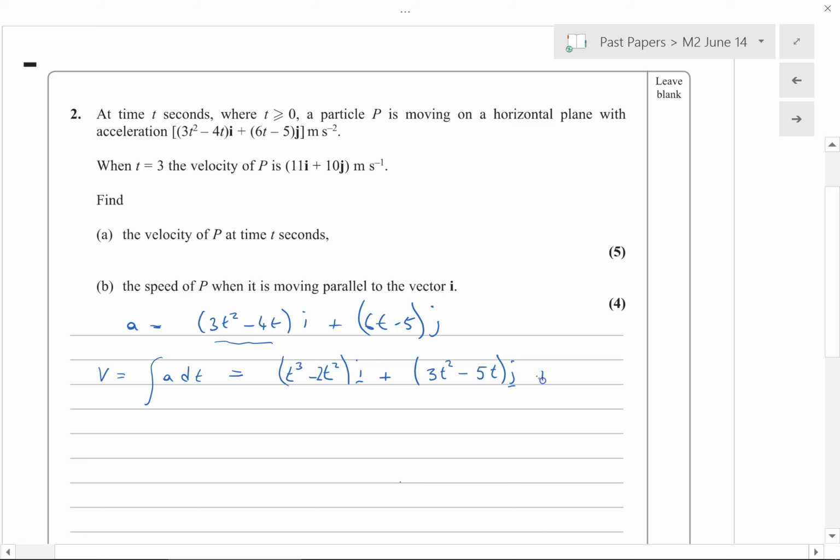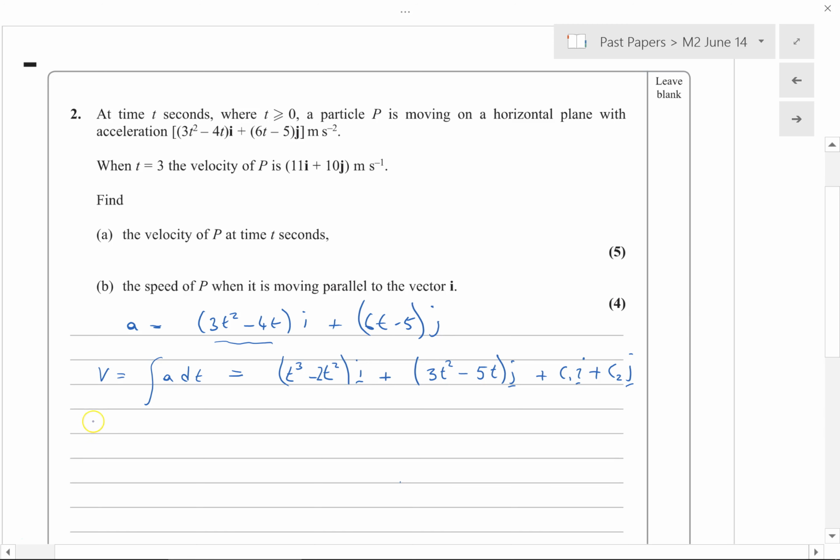Now I tend to write my constant like this. You can write it in other ways, but I like to do that to emphasize it. Obviously there's a constant, and our constant overall is a vector, so c1 i plus c2 j, or ai plus bj if you want to, whichever way you want to write it.